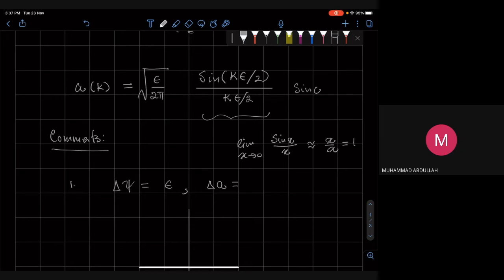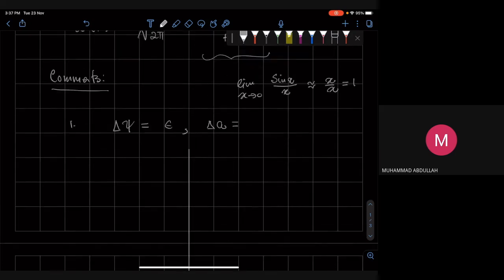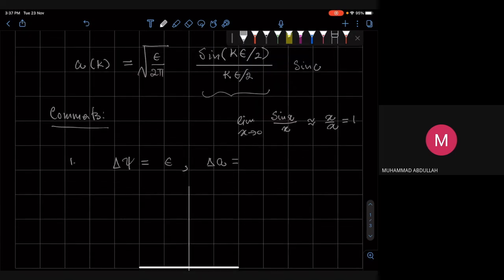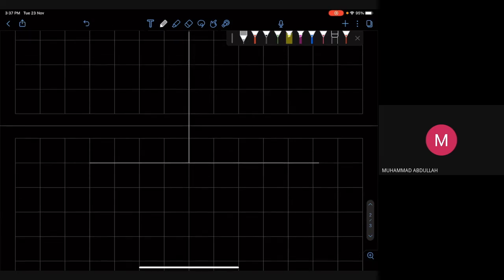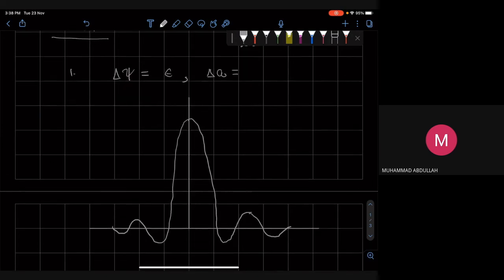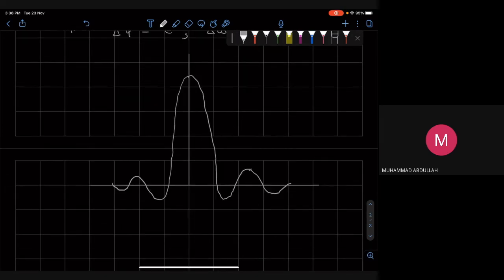So at the origin, this function is not singular, even though it has a 1 over 0 in the denominator. Okay, so this function looks something like this.